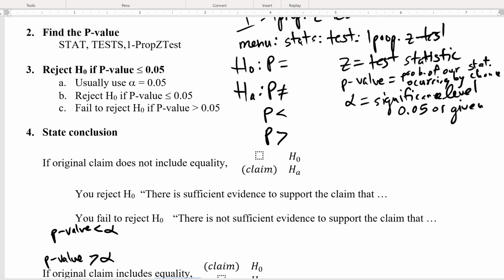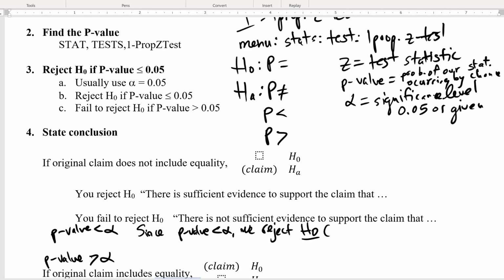If it's less than alpha, we call that significant. Our probability is less than that 5%. We go, this is not likely to occur by chance. Basically, our results are unlikely, which means the claim that they made is not true. If this occurs, this is called significant. We say, since the p-value is less than alpha, we reject the null hypothesis.